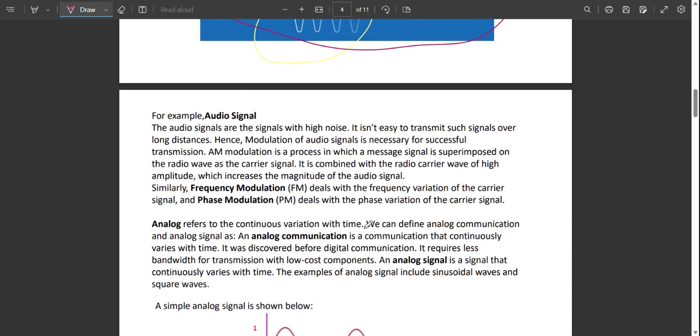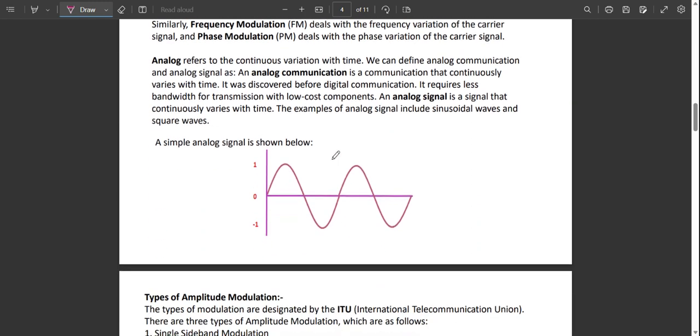Okay, so now we'll go through some examples. The audio signal and TV broadcasting signals are very important applications or examples of amplitude modulation. In this part, we are watching an analog signal.